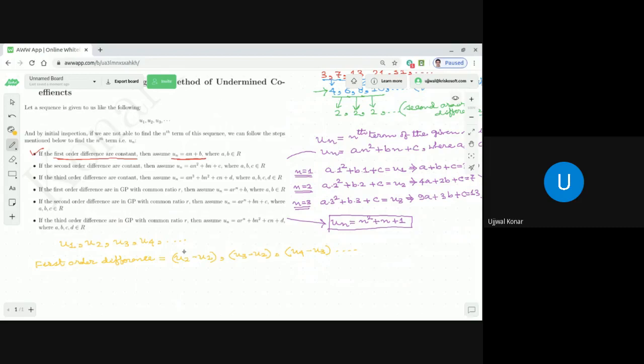Correct? So this is called the first order difference.